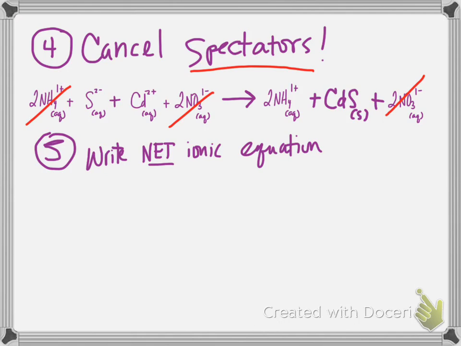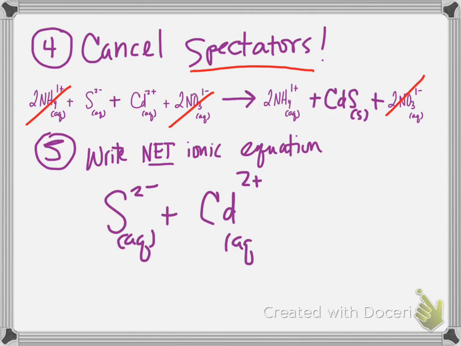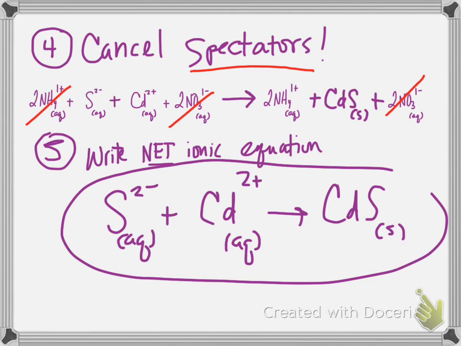And so our net ionic equation for this is going to look like this. S2- aqueous plus Cd2+, also aqueous, forms cadmium sulfide, a solid. That's it. That is our net ionic equation.